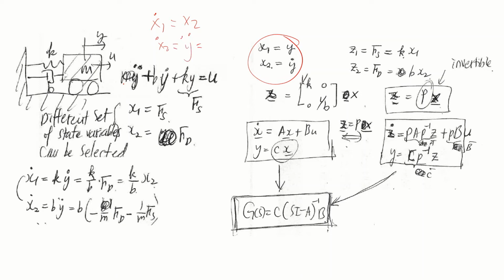And so if you just divide the whole equation by m and take these two terms to the right hand side, then you have b over m y dot, which is x2, k over m x1, plus u.